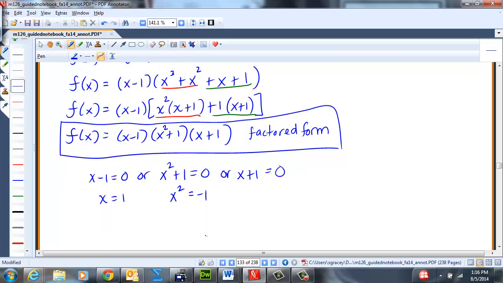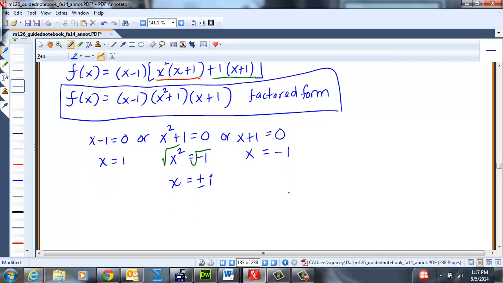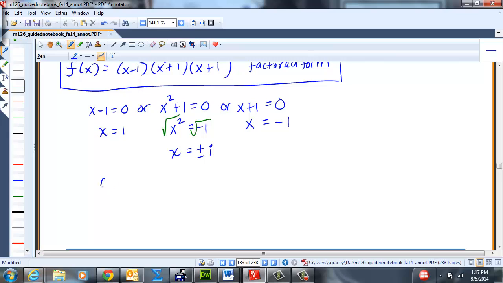If you square root both sides, you get x is plus or minus i. And then over here, subtracting 1 from both sides, we would get x is negative 1. So our complex zeros are i, negative i, negative 1, and 1.